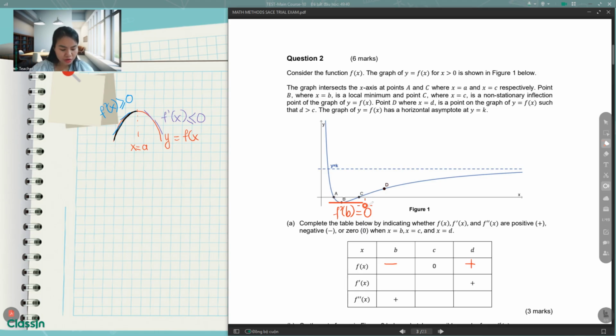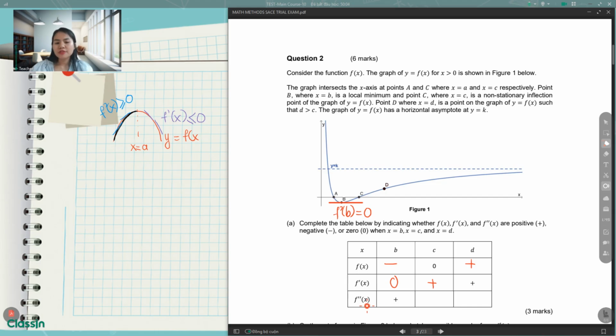So I would write 0 here. At point C, when x is more than b, the function is increasing, indicating that f'(C) would be positive because it's on an increasing interval. And point D is also on an increasing interval, so f'(D) is positive.